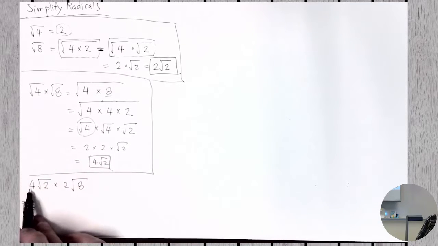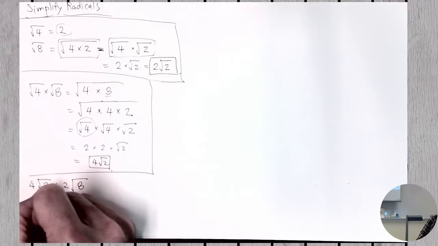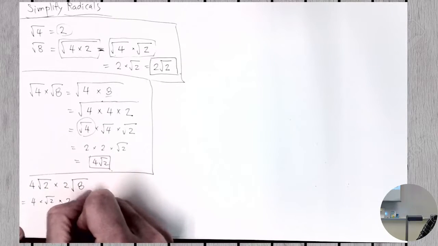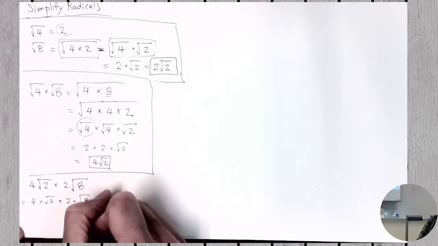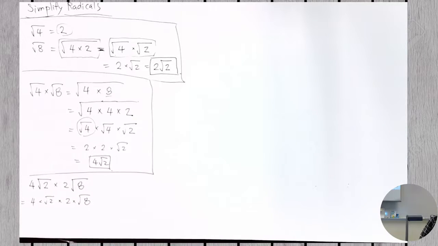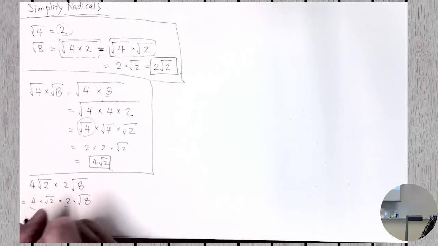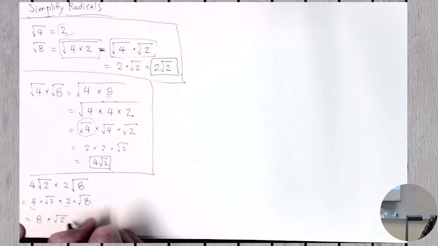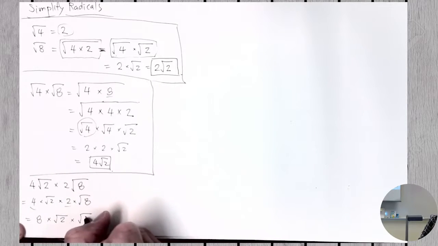So notice that 4 square root 2 is identical to 4 times square root 2, times 2 times square root 8. I'm going to multiply the integers first, and then I'll deal with the radicals later, all right? So I'm going to take 4 times 2, I know that's an 8, times square root 2 times square root 8.